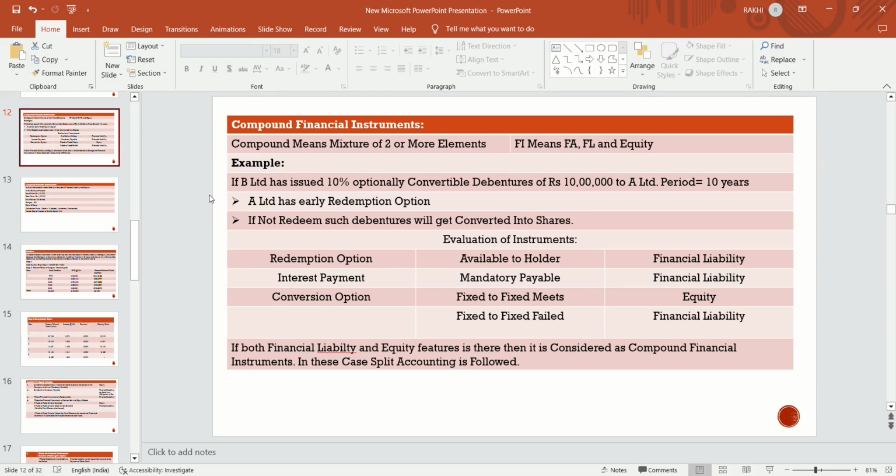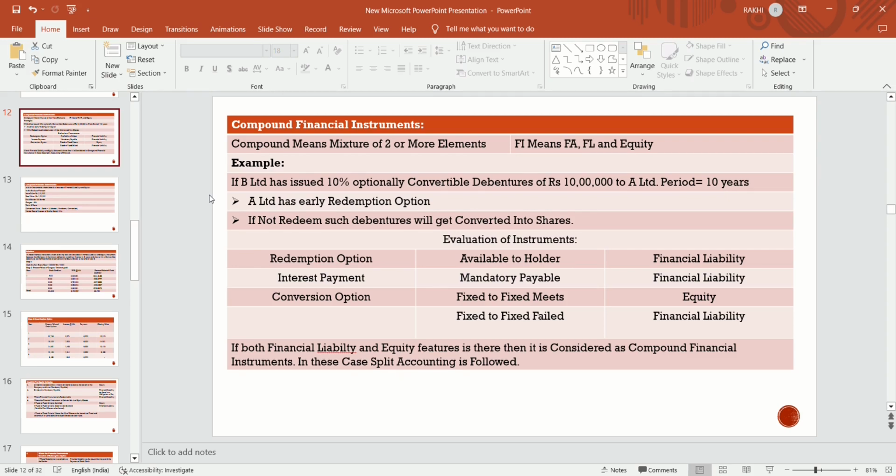So in the books of B Limited, it becomes a financial liability. The interest component is always mandatorily payable, so it becomes a financial liability. But if the debenture is converted into shares, and if it satisfies the fixed to fixed condition, then it will be treated as equity in the hand of the issuer. And if the fixed to fixed test fails, then it becomes a financial liability.